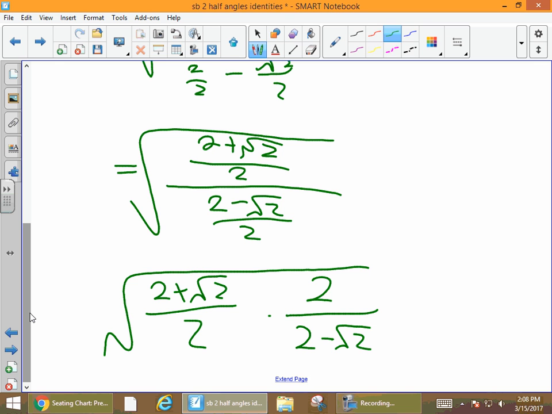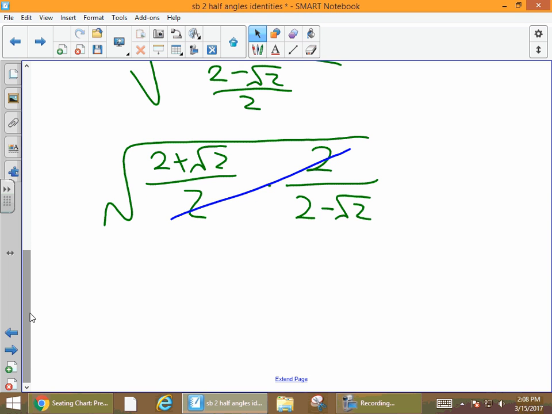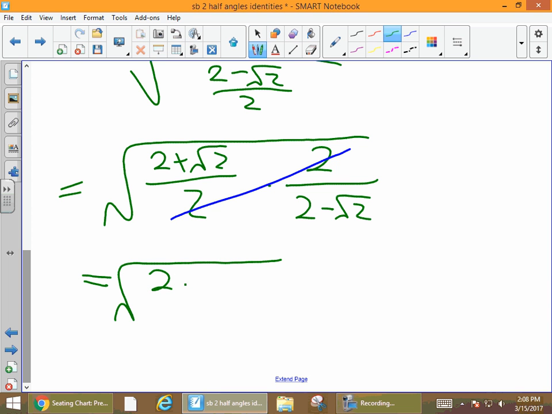And what do you notice can simplify here? We have a 2 in our numerator and a 2 in our denominator. So those can cancel out. And we'll be left with 2 plus radical 2 over 2 minus radical 2.